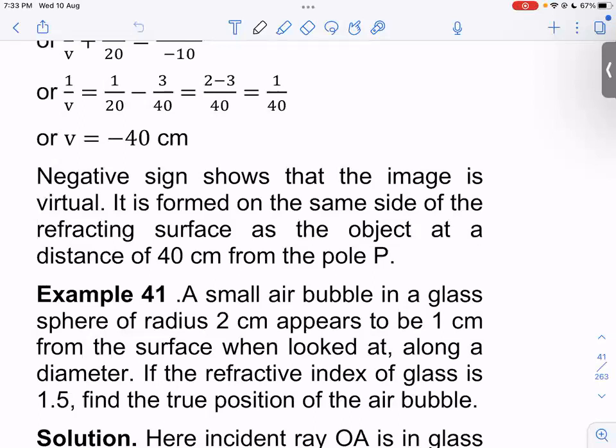Here you have a circular surface. If you draw a proper ray diagram, you get the answer.